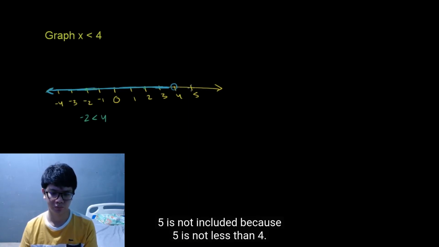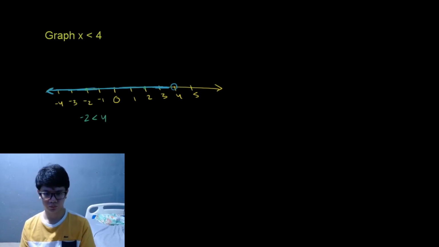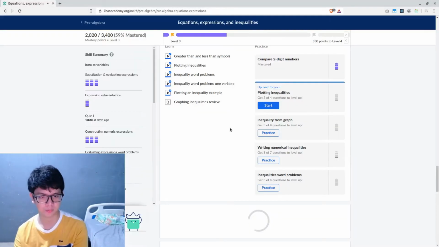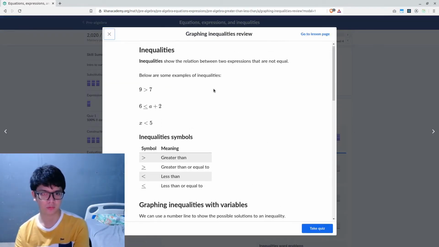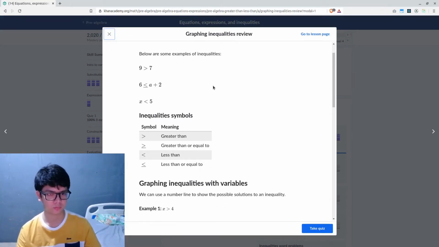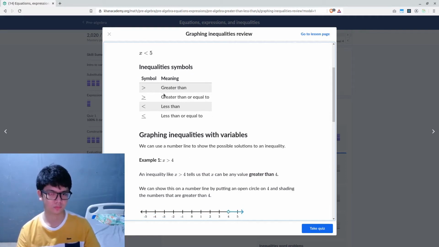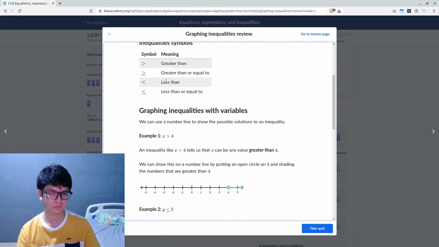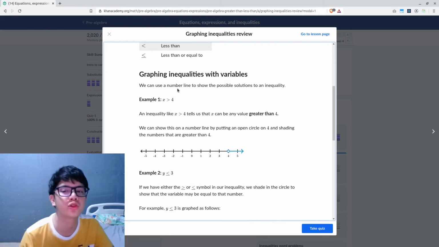It's equal to 4. 5 is not included because 5 is not less than 4. We could use a number line to show the possible solutions to an inequality.